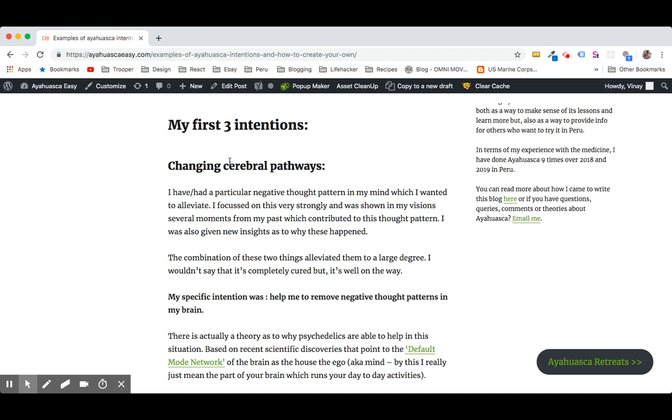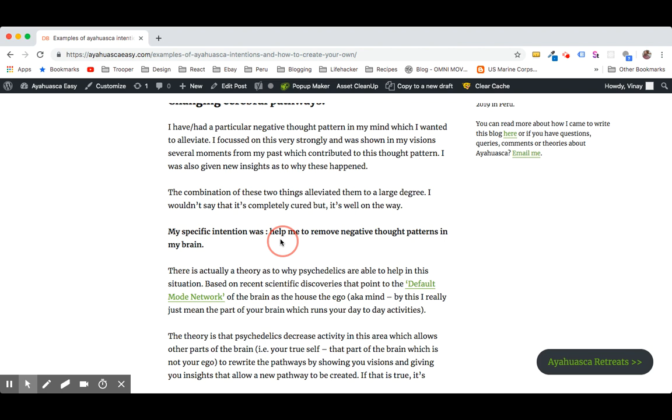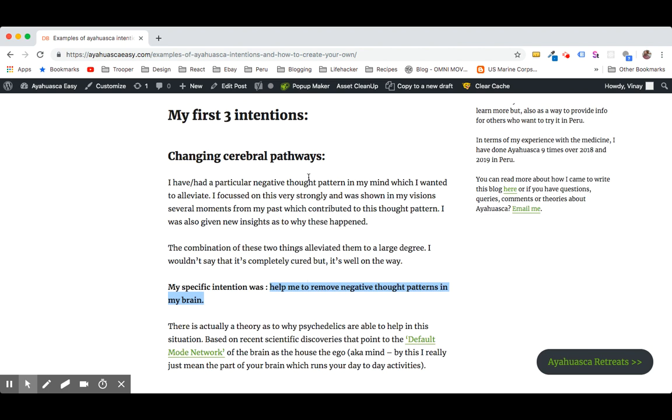This first one here is changing cerebral pathways, and my intention specifically was to help me remove negative thought patterns in my brain. You can read a little more in detail about how that happened for me.